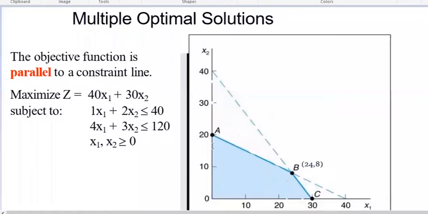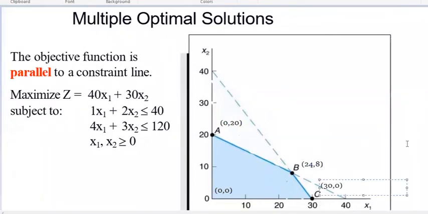The first corner point, that is A, is (0, 20). The second corner point is (0, 0). Which is the third corner point? Let's see. (30, 0) is the third corner point.